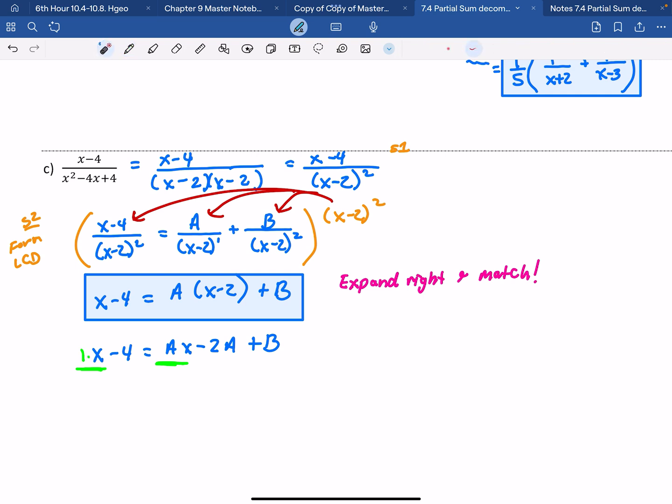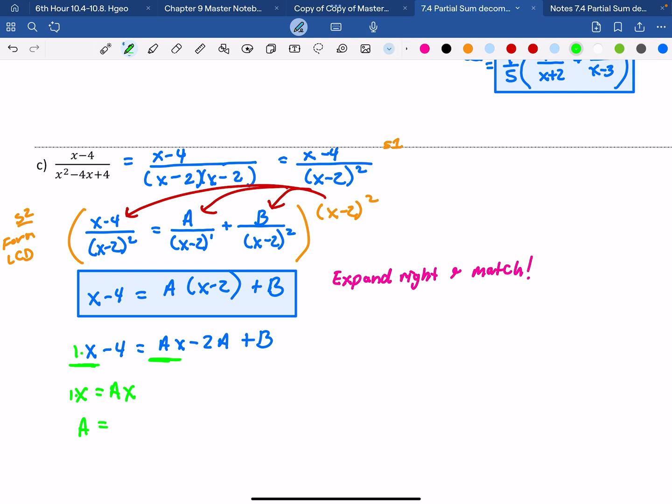This is the linear term, x to the first degree. Whatever the coefficient of x is must be equal. We call that matching. I know that 1x must equal ax. So if you're solving this, that must mean that a must equal 1.